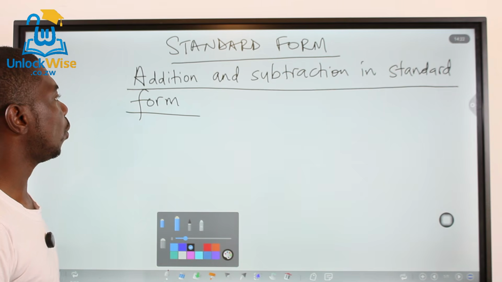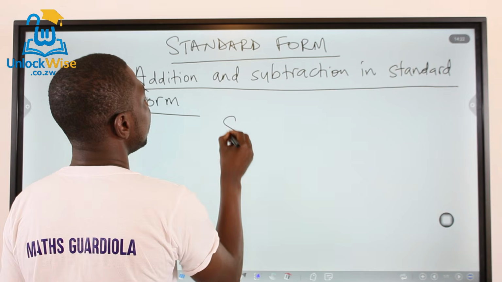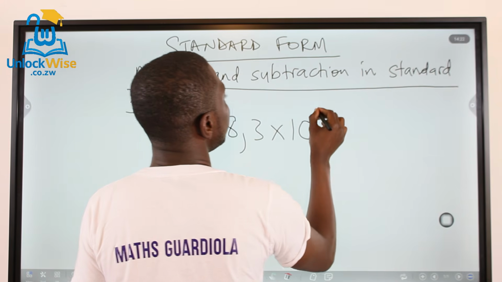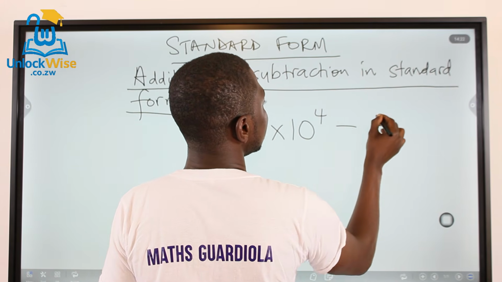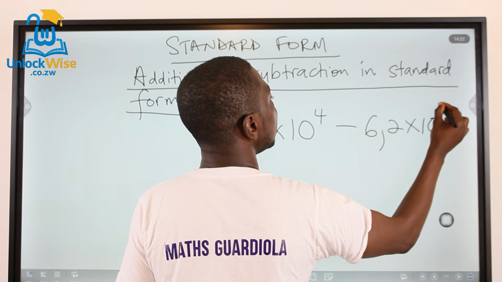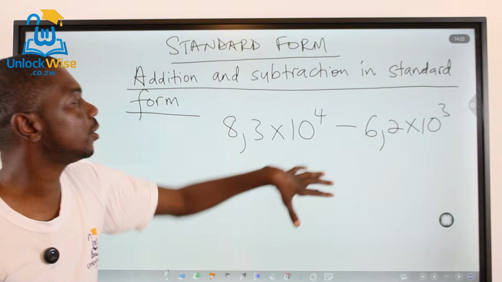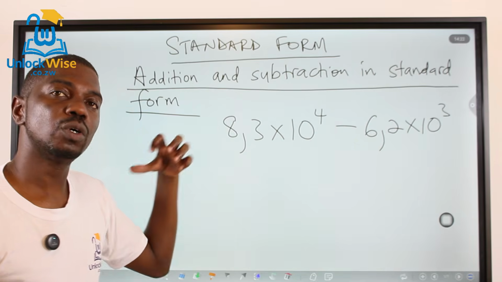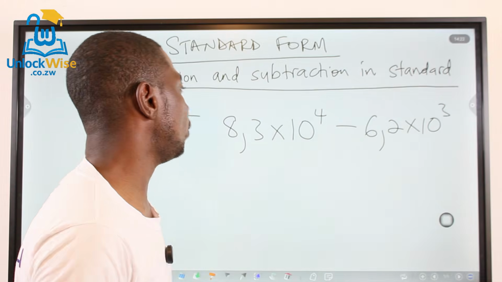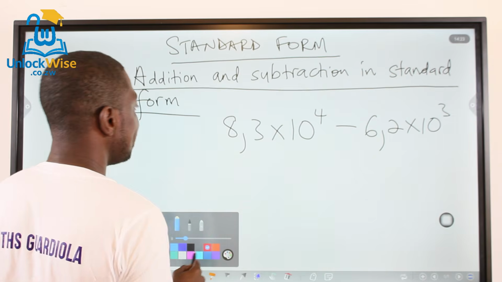subtraction of numbers in standard form. Let's say we have 8,3 times 10 to the power 4 minus 6,2 times 10 to the power 3, right? Now, we change this number to ordinary form, and we also change this number to ordinary form and subtract, right? Like this.